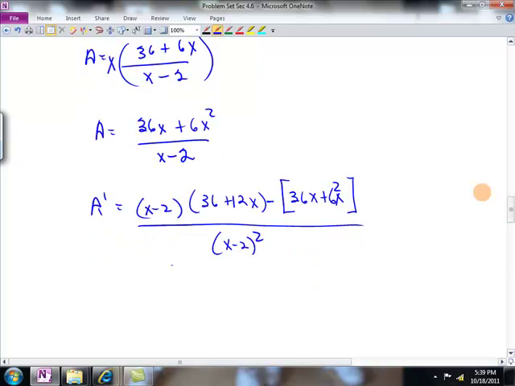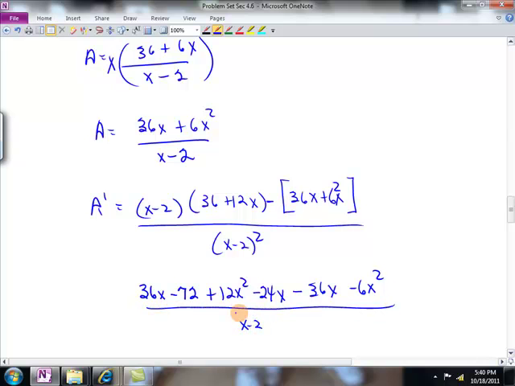Okay, so I got to clean this stuff up on the top. So we've got 36x minus 72 plus 12x squared minus 24x, minus 36x minus 6x squared, all over (x minus 2) squared.